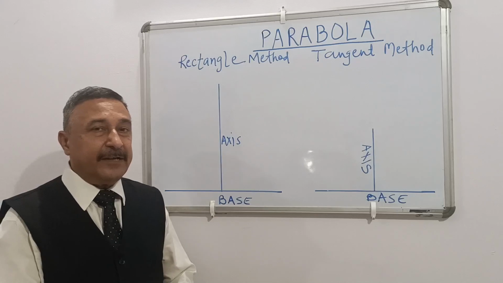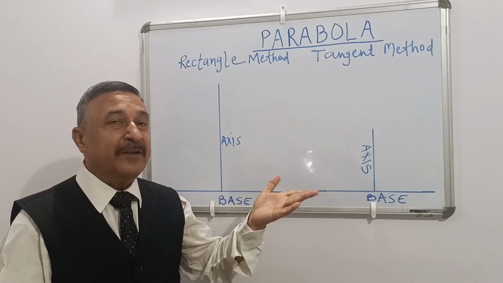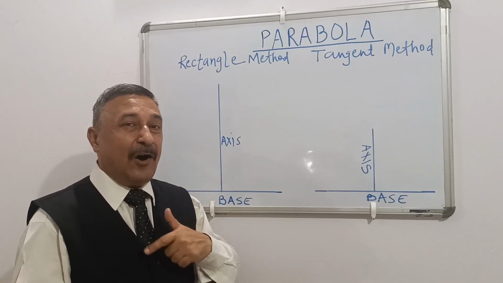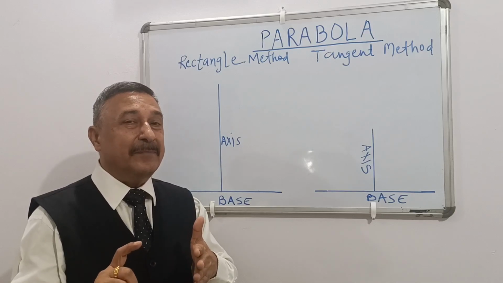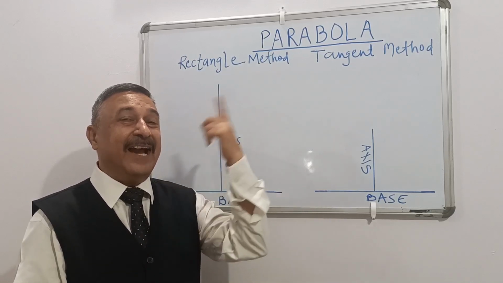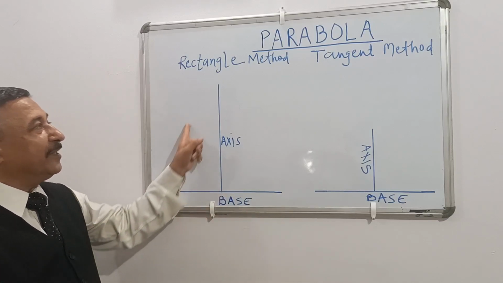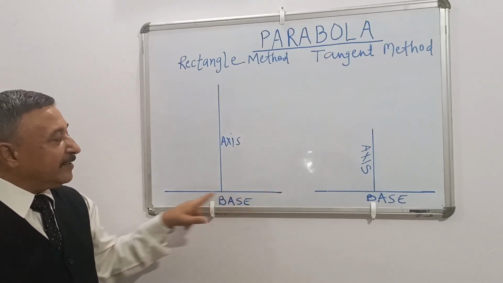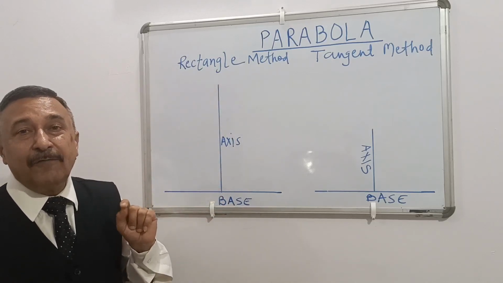As we know, what is a parabola? Just remember when a cricketer hits a six, the horizontal distance is shown on the screen. Whatever horizontal distance is covered by that six is called the base. When a ball is thrown up in the air, reaches a maximum height and then falls on the ground, this distance is called the base of the parabola, and definitely this is the axis of the parabola.